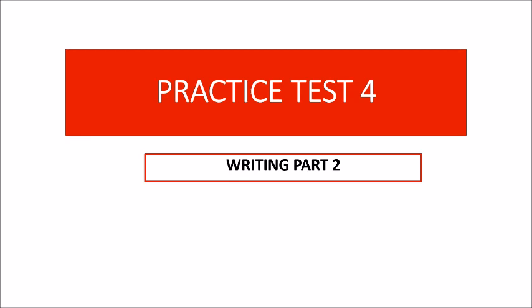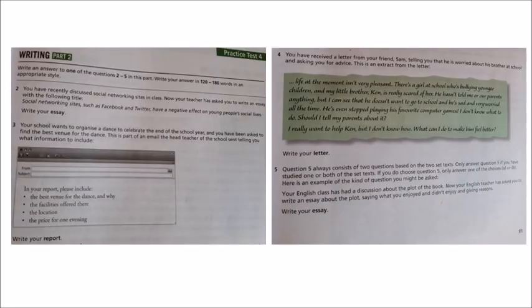Let's go over the details, guys. Okay, guys, moving on to writing part 2. The instruction says, write an answer to only one of the questions from 2 to 5 in this part. Write your answer in a 120 to 180 word limit in an appropriate style. So if you can see, number 2 and number 5 are essays, number 3 is a report, and number 4 is a letter.